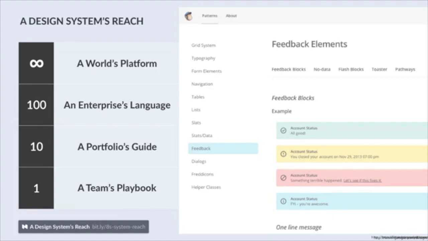Those things are massive, and the way that they need to be architected needs to have a lot of deliberate care that focuses on those. A lot of the folks in this room are going to be in one of the next two. Either you're an enterprise, and the whole enterprise has finally gotten behind the establishment of a single language and a single system by which they're going to centralize and then federate out all of their work for a design system. Or maybe it's just a smaller portfolio.